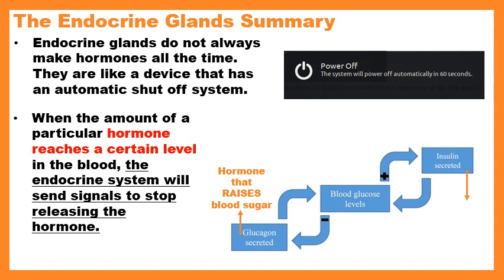And then when my body realizes that, it's going to release a hormone that lowers blood sugar. And again, we want to get to that balance where blood sugar levels are the perfect amount. And if that dips below or rises above, we're going to release a hormone. But we're not just going to release one hormone all the time. Then that would not make my blood sugar balanced.